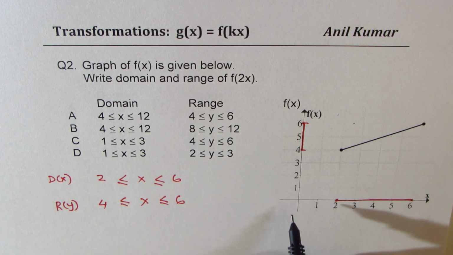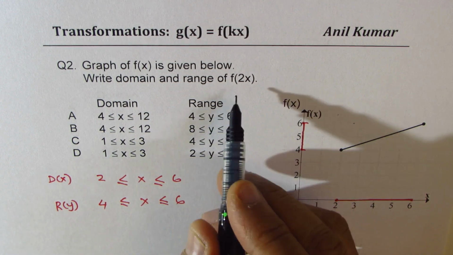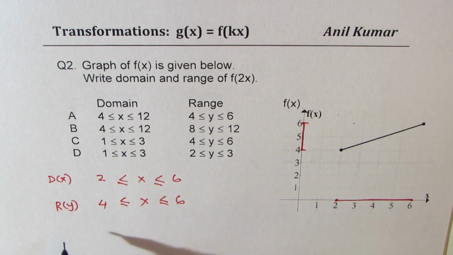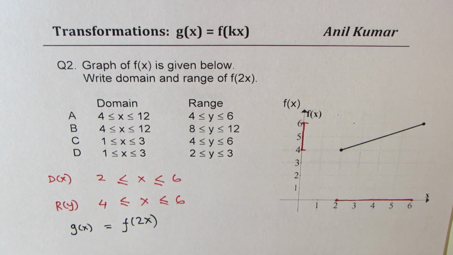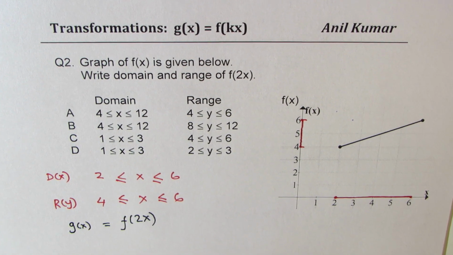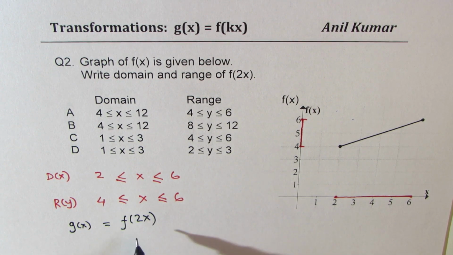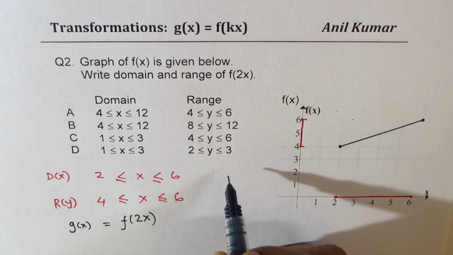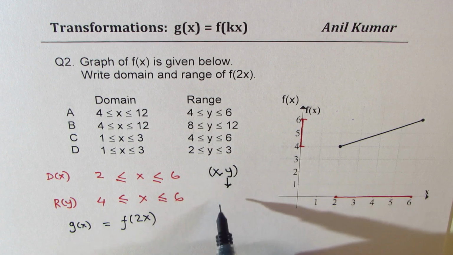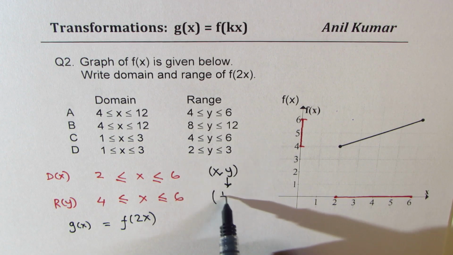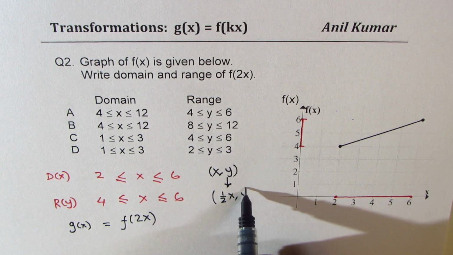The function we are talking about is f of 2x, right? So we are talking about g of x equals f of 2x, right? So for f of 2x, the x values will become half, correct? So the transformation here is that if x and y are the values, then they will actually result in half of x and y, correct?